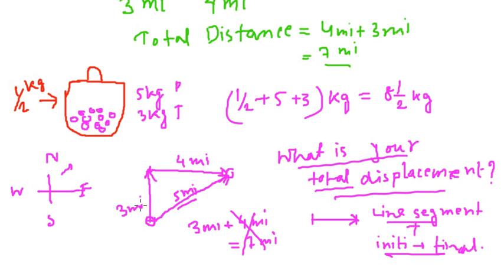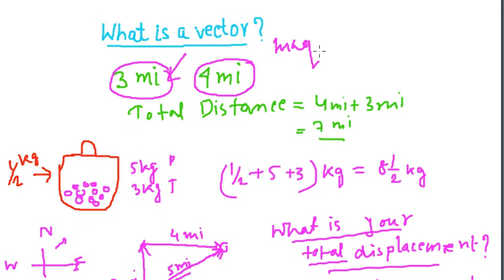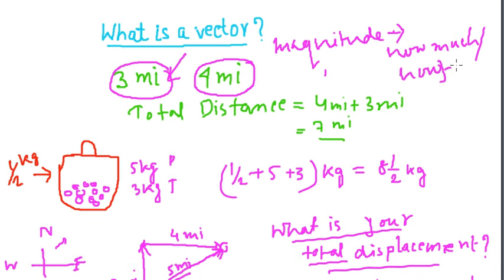So by this example, what I want you to understand is, in the initial cases I was not interested in their direction. I was just talking about their magnitude, which means how much, how far.